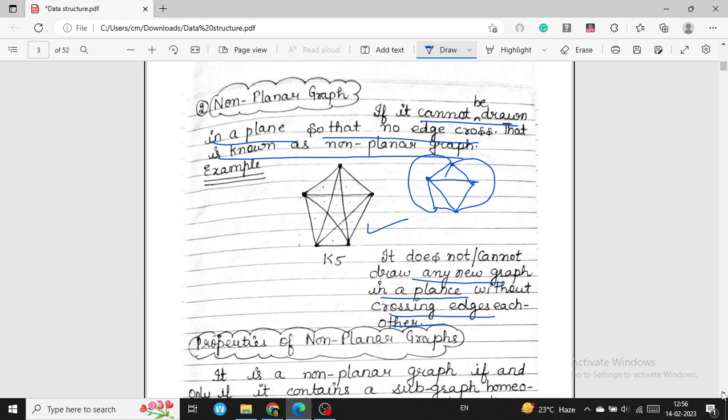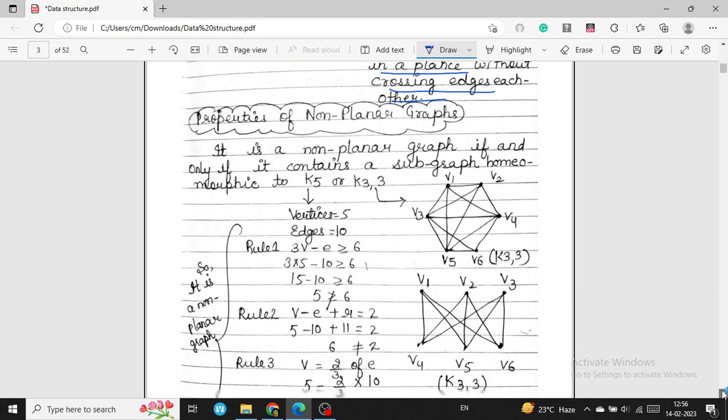So that's why we can say that K5 is a non-planar graph. It does not follow the rule of a planar graph. In a planar graph, edges should not cross each other. Now, what are the properties of a non-planar graph?